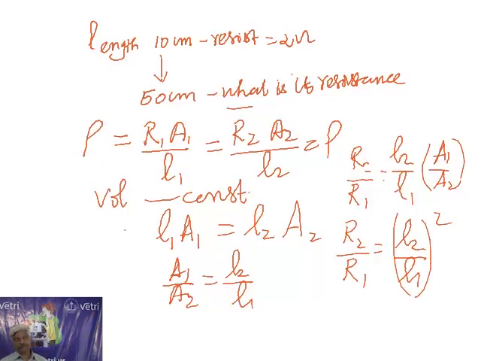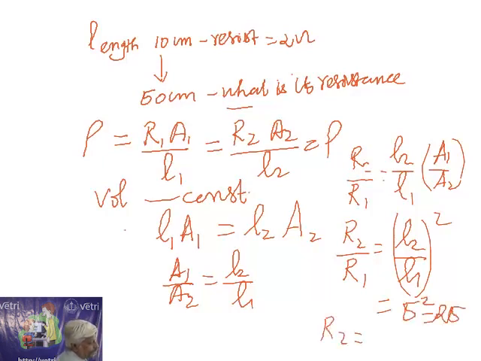For one more question, just imagine, as far as our syllabus is concerned, we have to use so many steps. Now, what is the value of L2 by L1? 50 by 10, that is 5 squared, which is equal to 25.